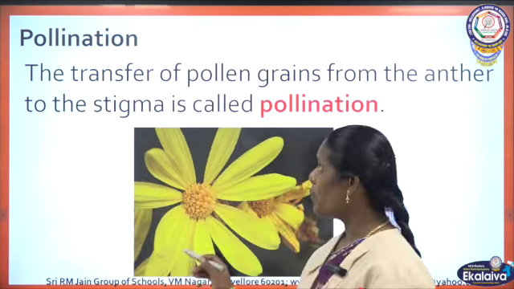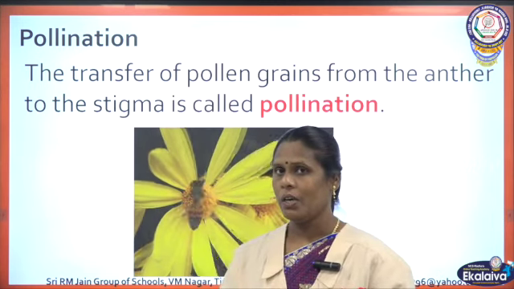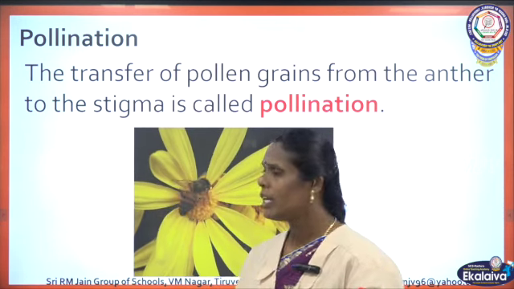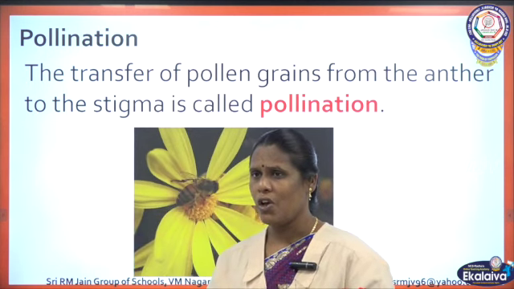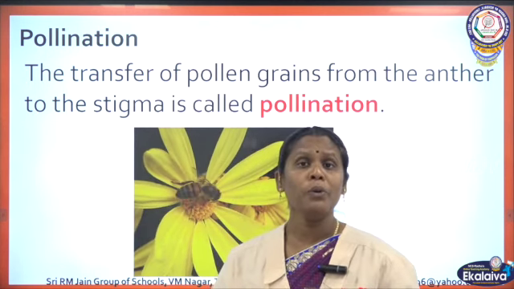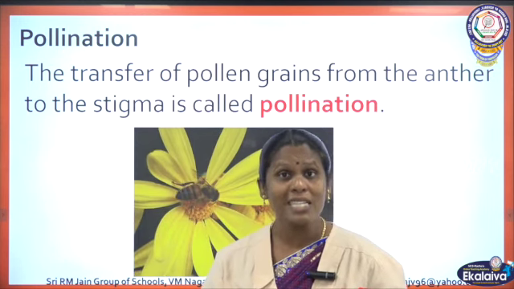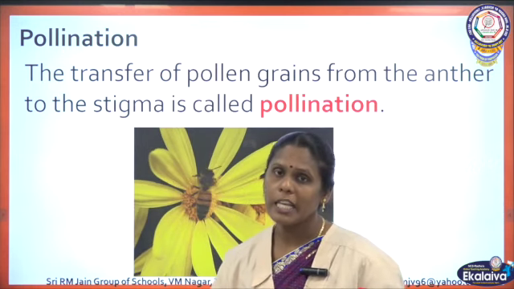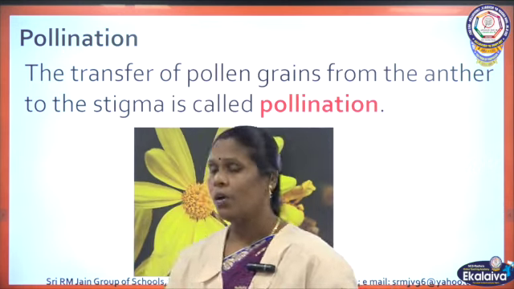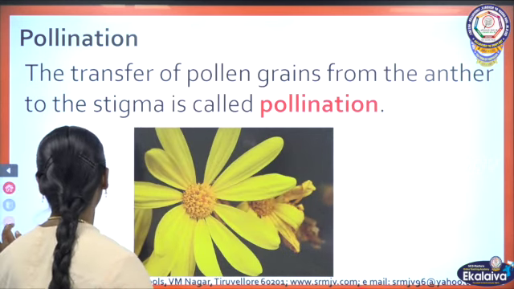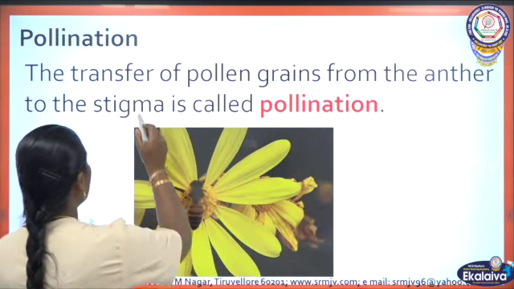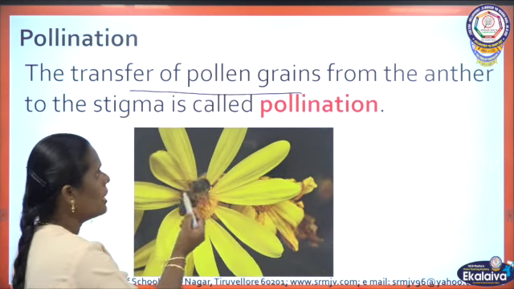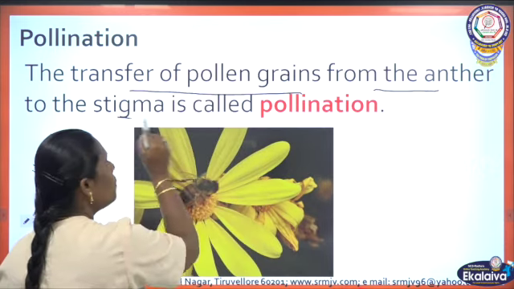Then the next one, pollination. Pollination is an important process for flowers. To produce seeds and fruits, the pollination process is important. What is pollination? Pollination means the transfer of pollen grains from anther to stigma.